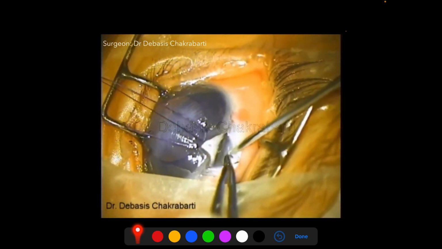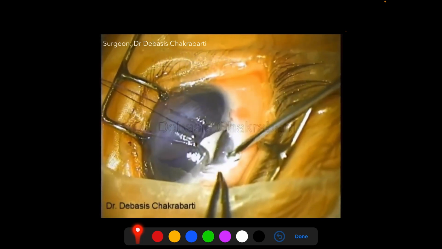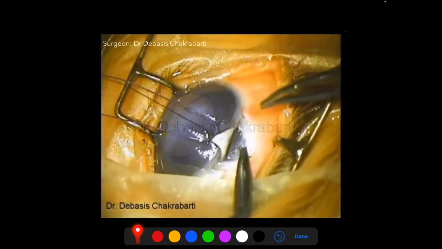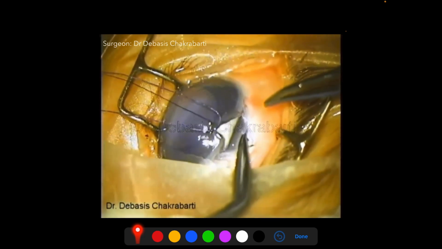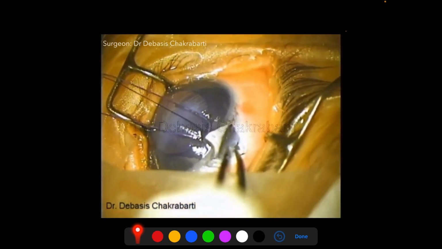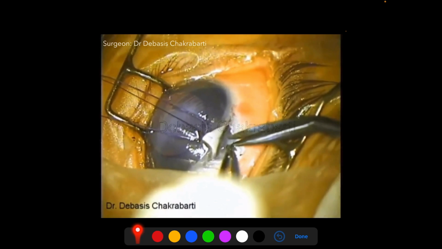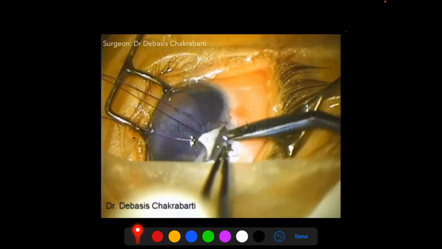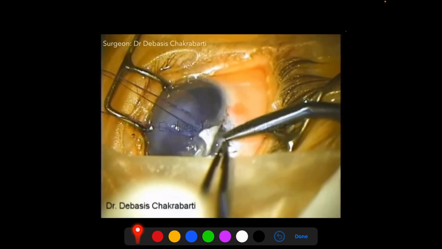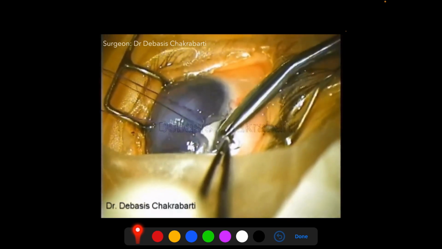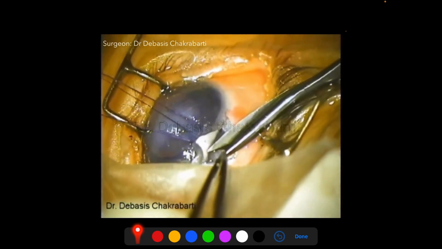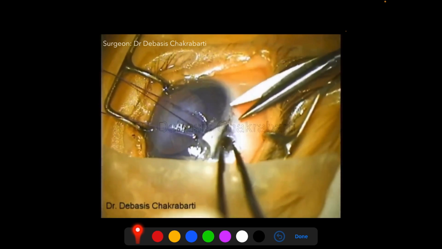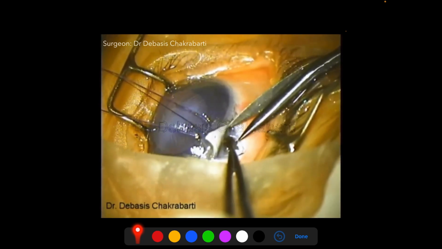Here a trabeculectomy is also being done by removing a corneoscleral block of tissue. And a peripheral iridectomy done.